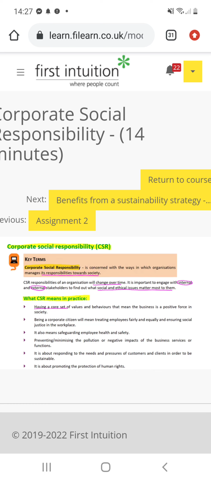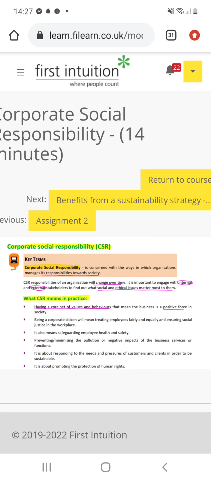Having a core set of values and behaviours that mean the business is a positive force in society. What we're doing is trying to give back more than it's taking out.